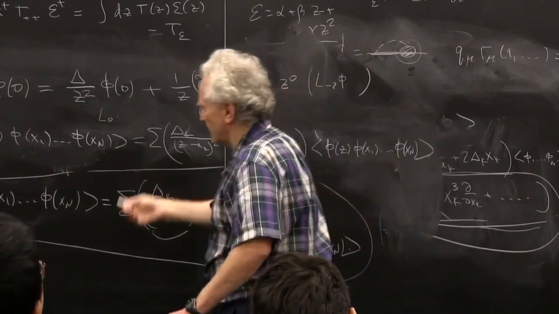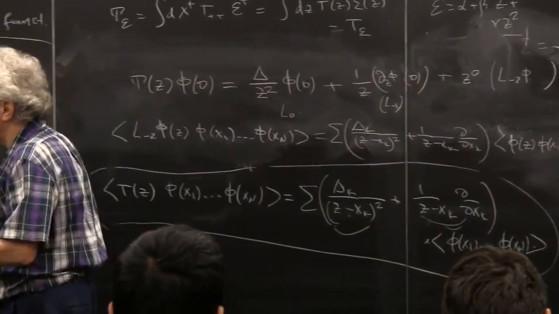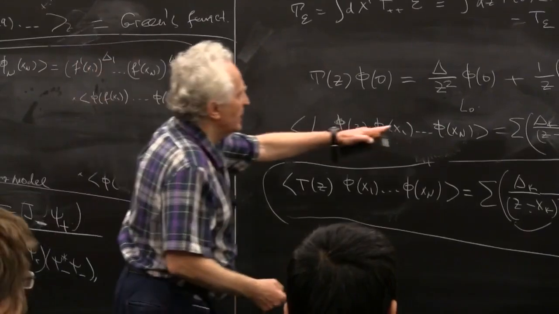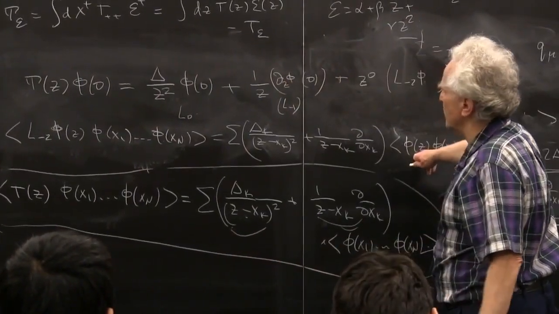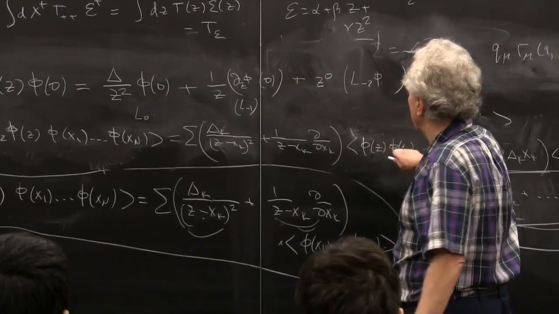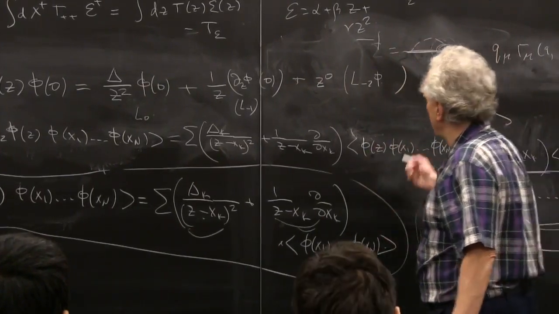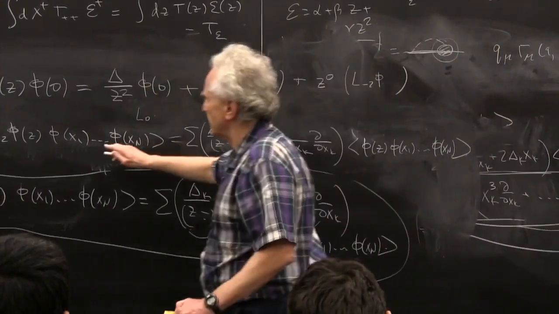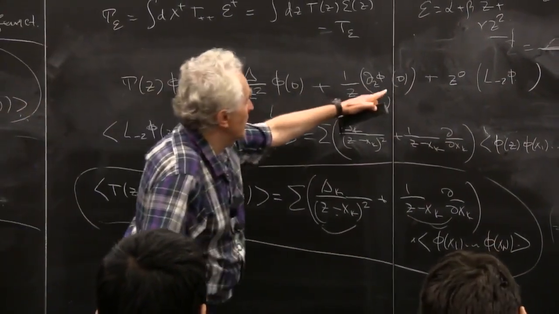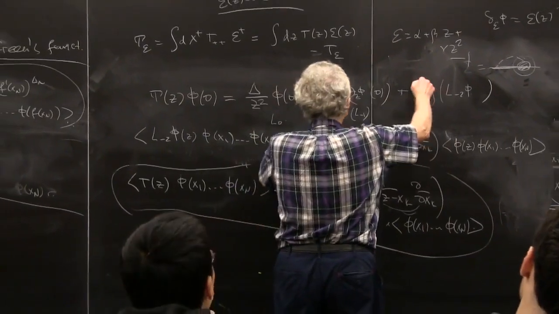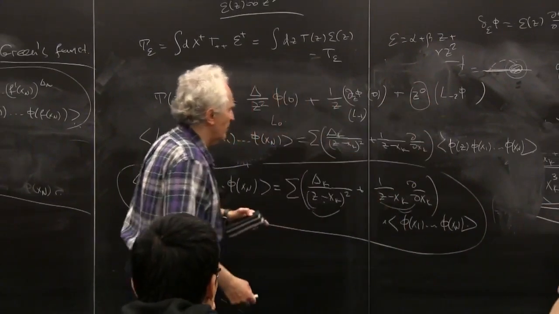Notice the difference. It looks superficially like a Ward identity for the energy momentum tensor, but it's not, because in the energy momentum tensor this field would be absent. But that gives you a precise definition of the coefficient in front of the z to the 0 term.